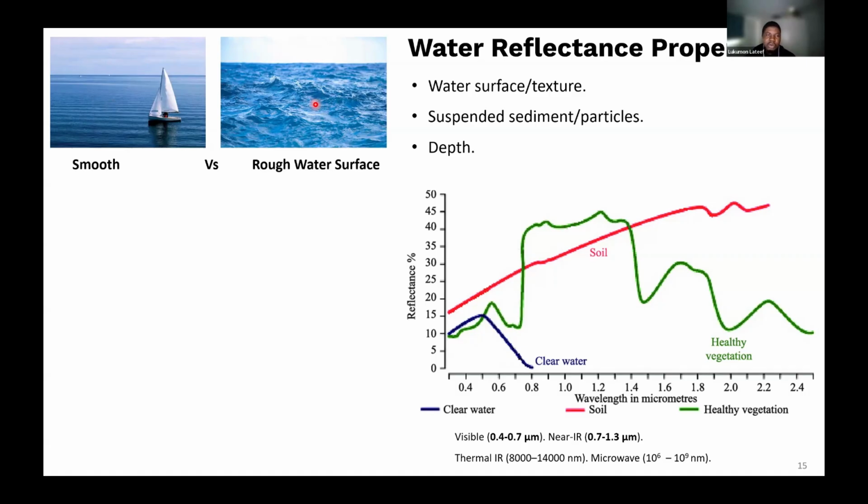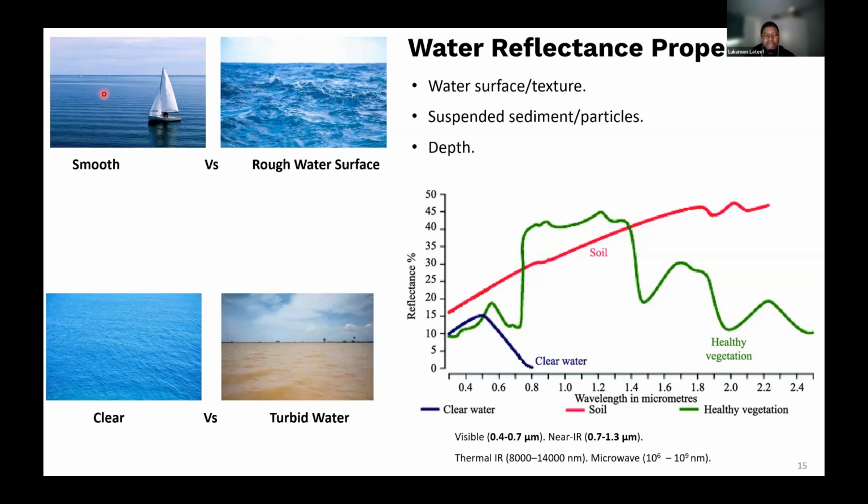Although both of them are going to reflect blue, the amount of energy reflected will be higher for a rough surface compared to a smooth surface. If you are familiar with synthetic aperture radar, a smooth water surface will appear very dark in a radar image because the amount of microwave energy being reflected back is very low because of the surface.